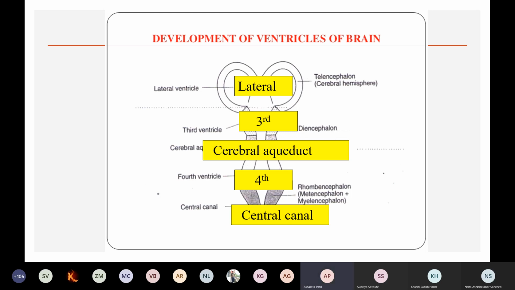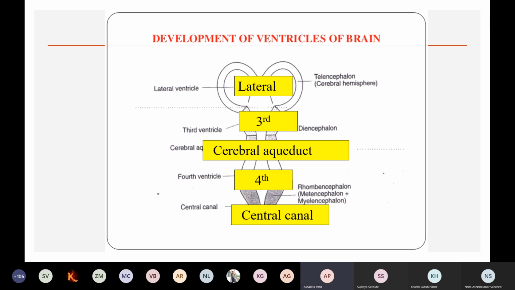Now this diencephalon is continuous with the mesencephalon. What is its cavity? It is very narrow and is called the cerebral aqueduct of Sylvius. And what is the cavity of the rhombencephalon, that is, the metencephalon and myelencephalon? They form the fourth ventricle. The myelencephalon is continuous lower down with the spinal cord.